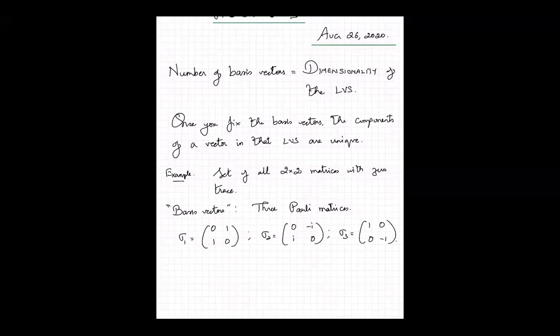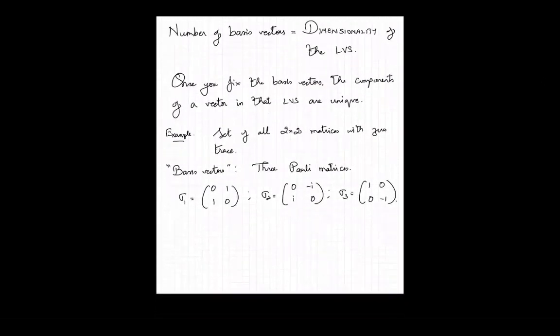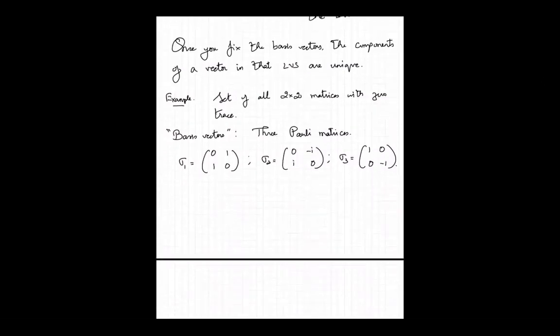These are the three basis vectors. So what do I mean by the notion of basis vectors in this context? I simply mean that any 2 by 2 matrix with zero trace can be expanded in terms of sigma 1, sigma 2, and sigma 3.